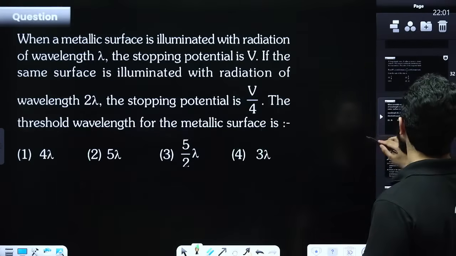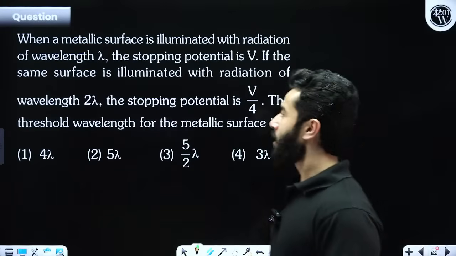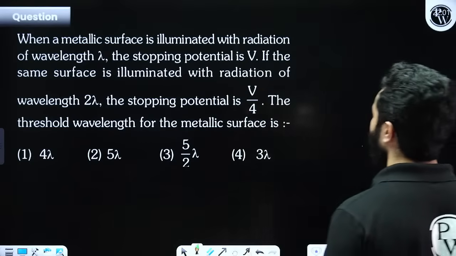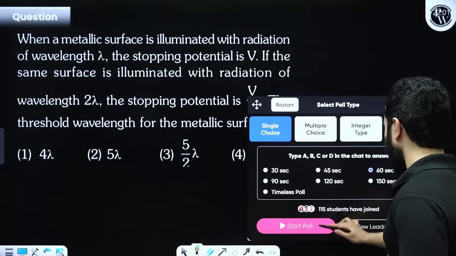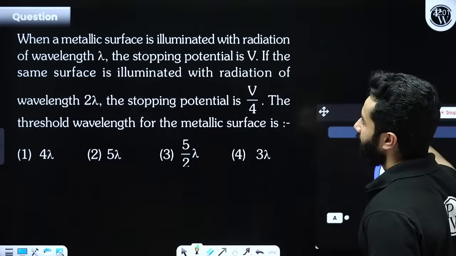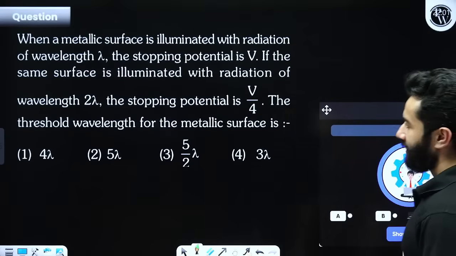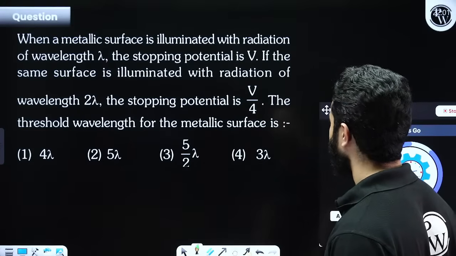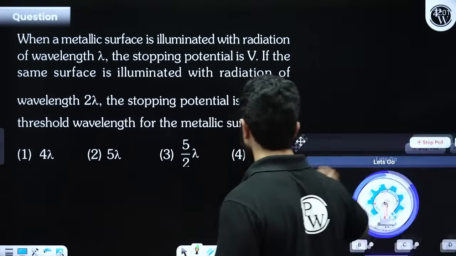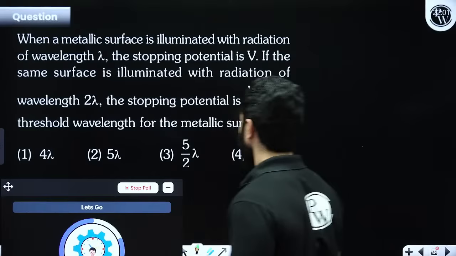Let's solve this question also. When a metallic surface is illuminated with radiation of wavelength lambda, I think we can do this in 60 seconds. If the same surface is illuminated with radiation of wavelength 2 lambda, the stopping potential is V by 4. You have to find out the threshold wavelength.